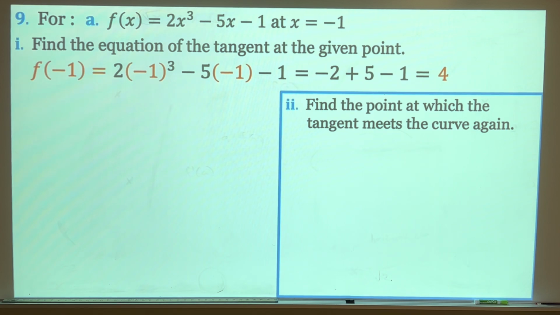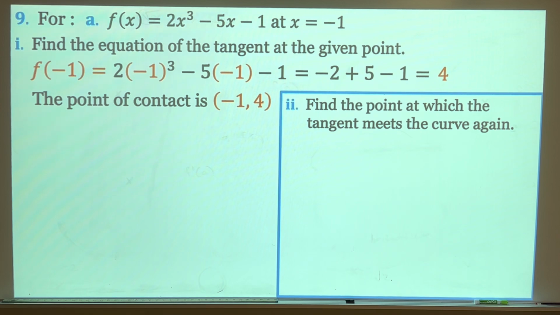Negative 2 plus 5 is negative 3. Minus 1 should be negative 4, maybe? That should be 4. We'll see how this turns out. All right, so the point of contact is negative 1, 4.